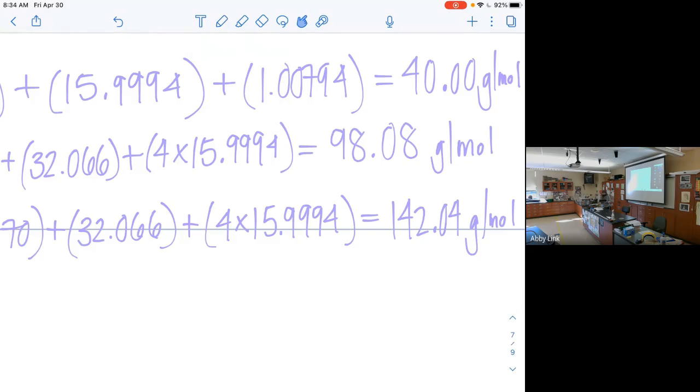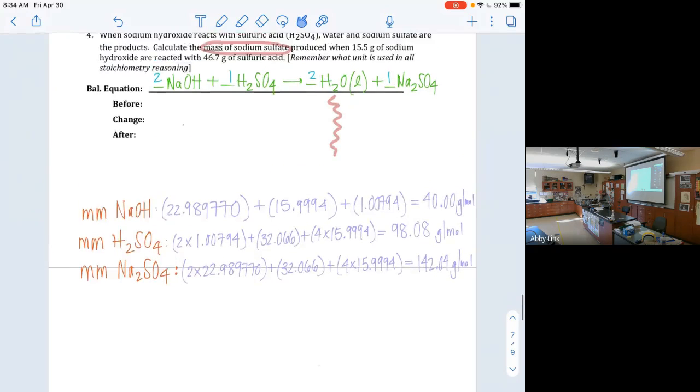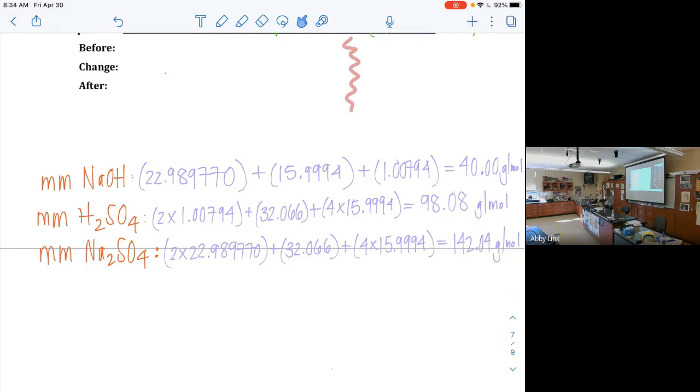All right, let me zoom out so you guys can see all that, in case you missed something there. All right, everybody with me so far? Just a bunch of molar mass calculations, all right?